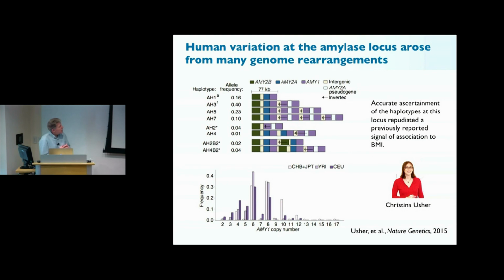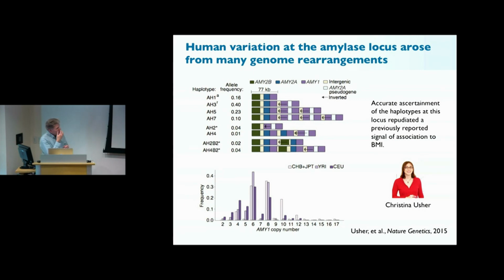Another example is the amylase locus. The amylase locus is actually a family of amylase genes, and all of them are polymorphic and exist in different copy numbers. For amylase 1, for example, copy numbers in the population range from 2 up to as much as 20 in different individuals. A whole bunch of us in this room have different numbers of copies of the amylase gene.